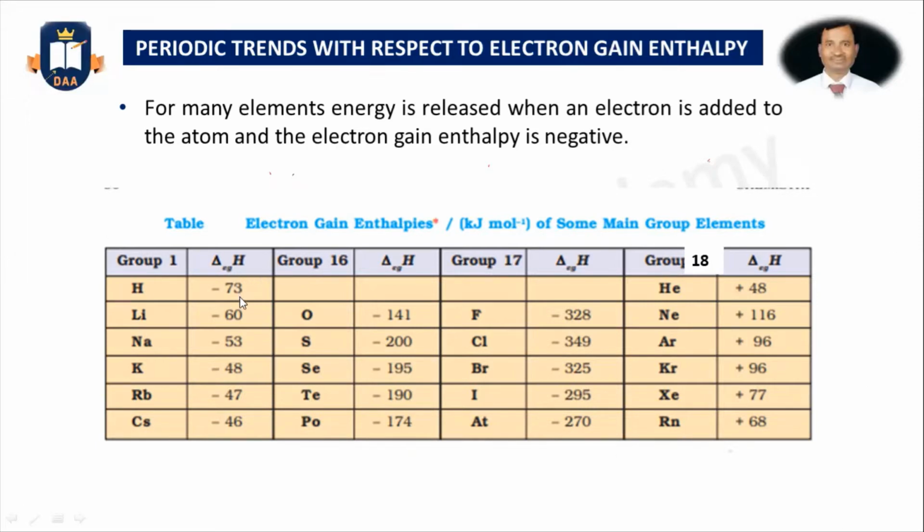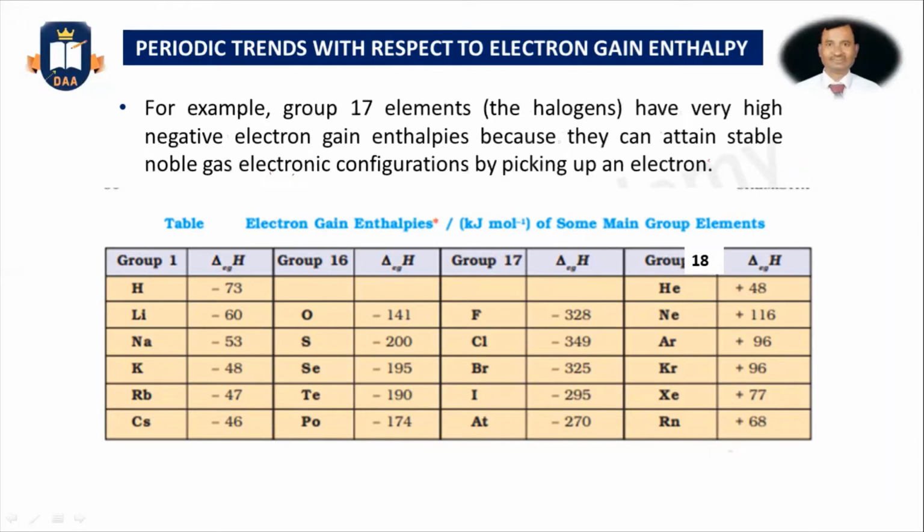What is the periodicity of this electron gain enthalpy? For example, the group number 17 elements: fluorine, chlorine, bromine. These have very high negative electron gain enthalpies. You can see this value is very high compared to the left side, where group number 16 and group number 1 are.